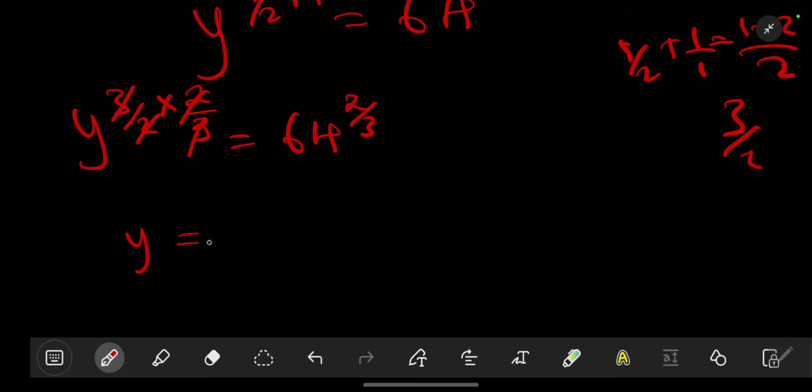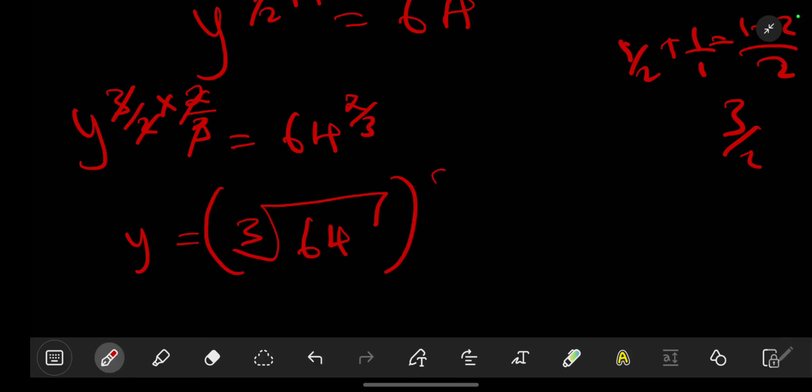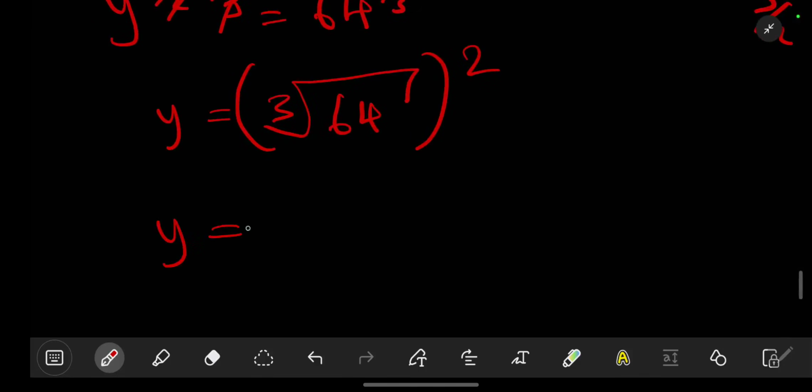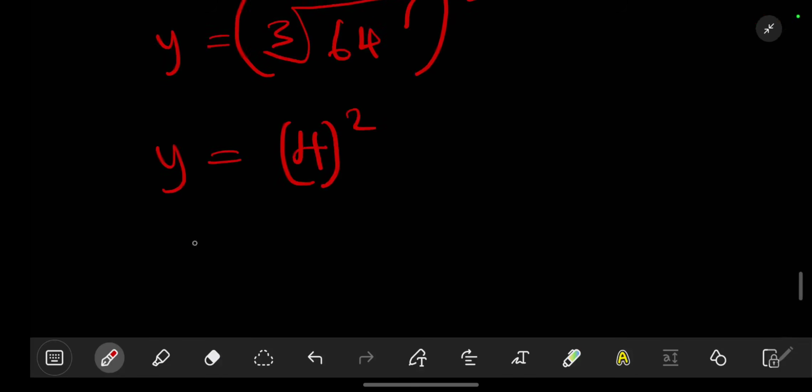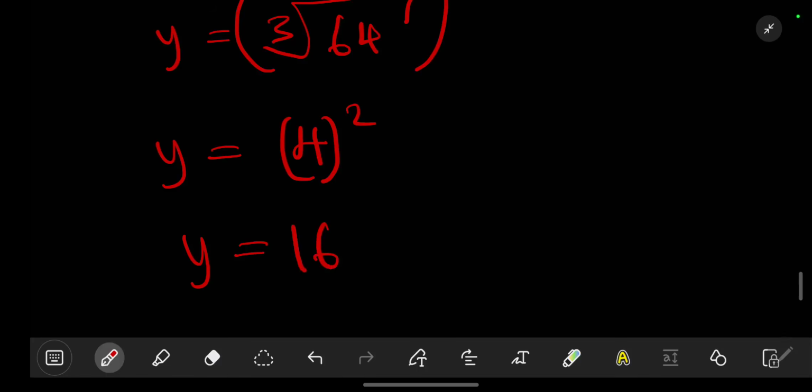So y is equal to, this is the same as the cube root of 64, then to the power 2. So y should be equal to, the cube root of 64 is 4, then to the power 2, so y should be equal to 16.